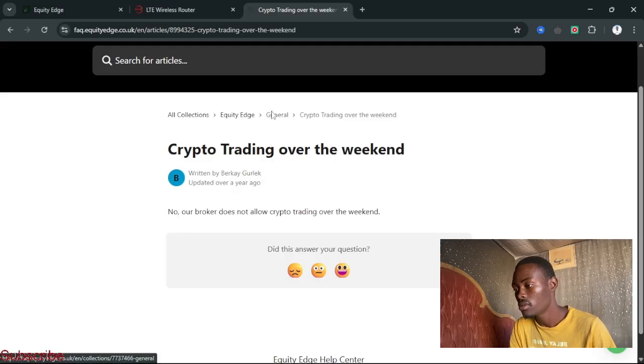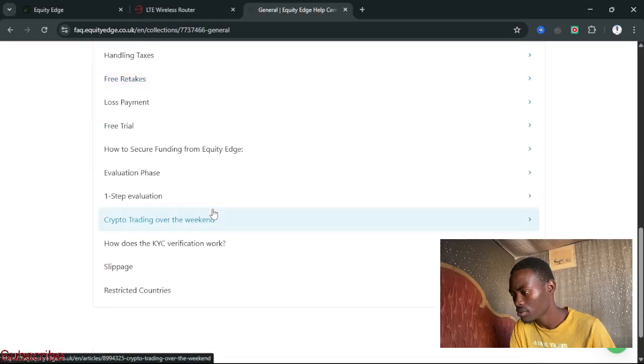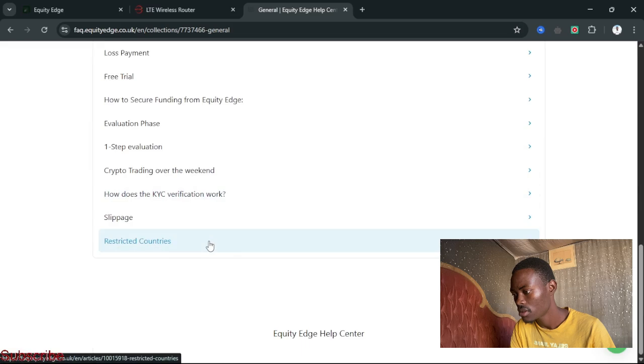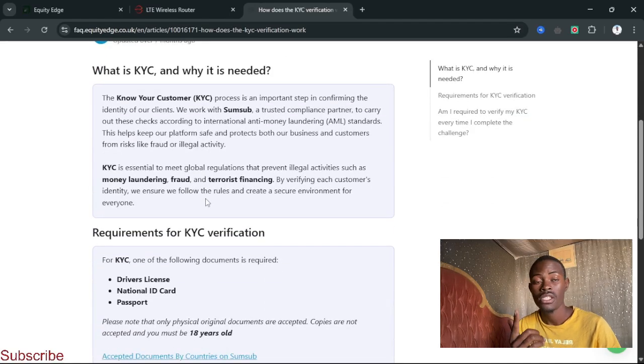Okay, let's go. Another rule, I think there's one important rule that I need here, but I cannot find it. This is KYC verification. You have to verify your account.